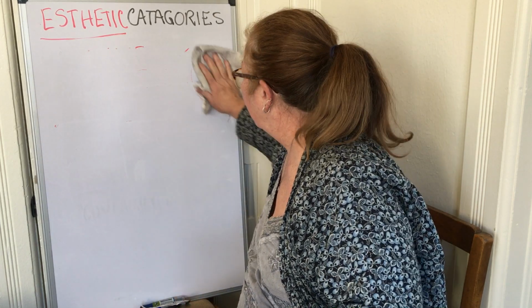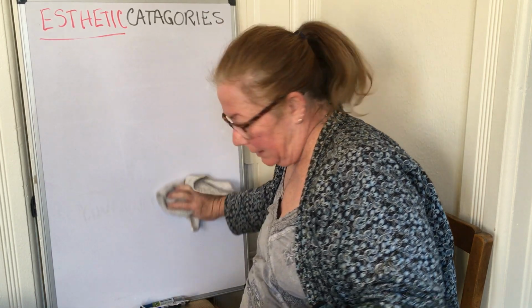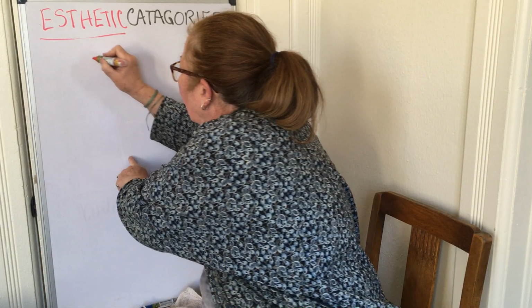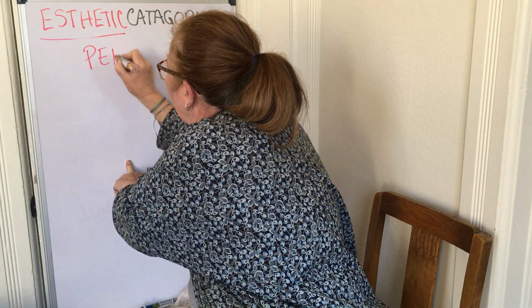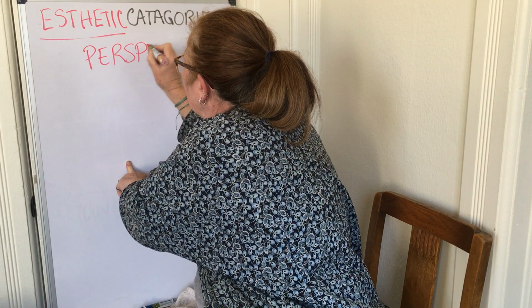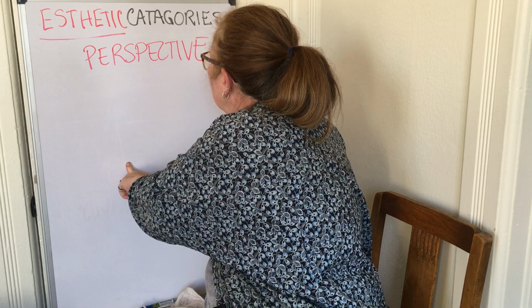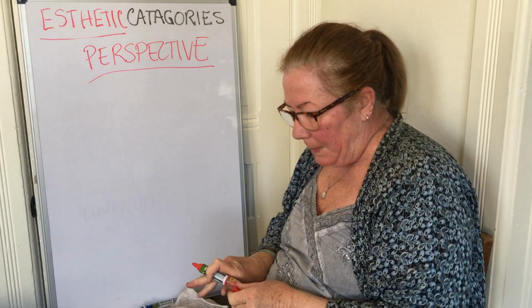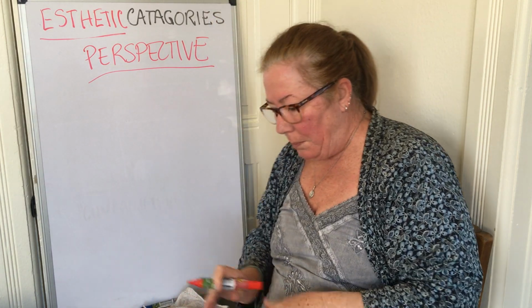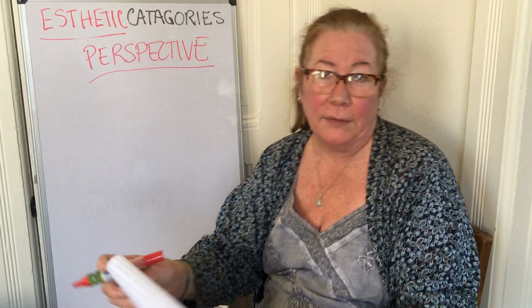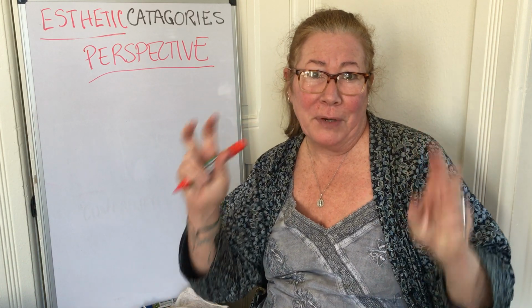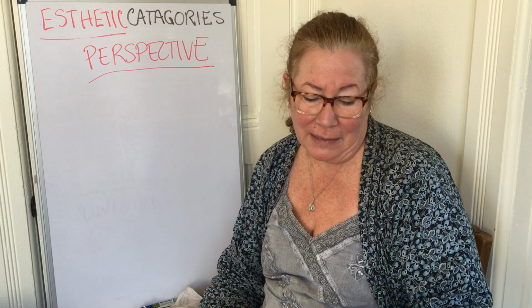Next, we have perspective. Let me write it down. Perspective is really an integral part in our studies in art history. It is one of the most important discoveries, or inventions, of the Italian Renaissance.